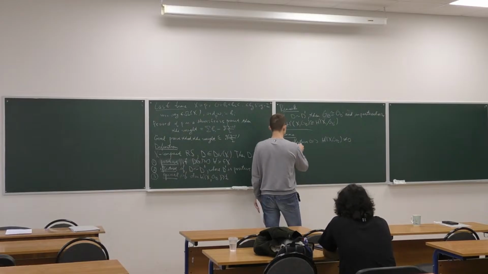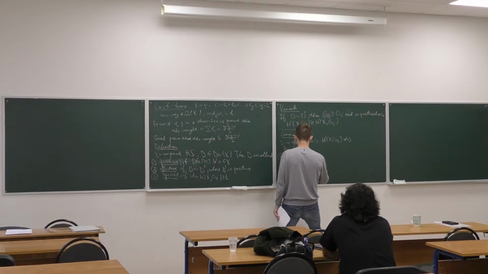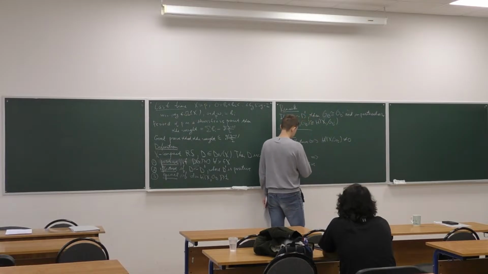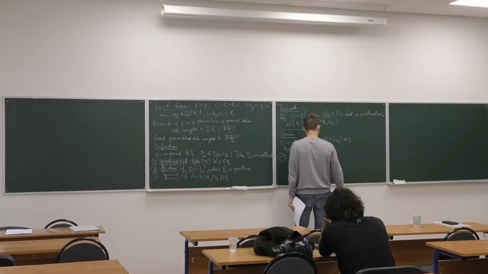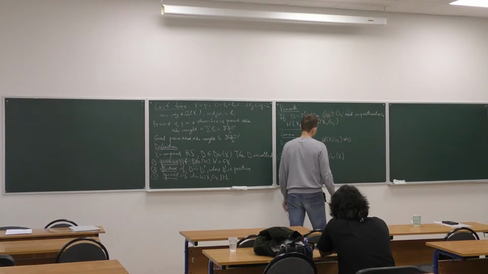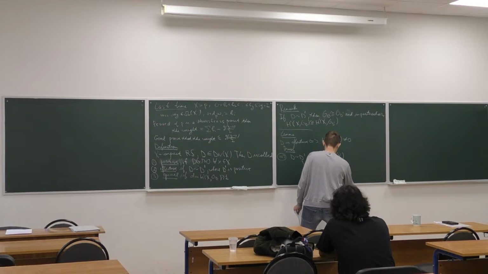D is effective, so D is equivalent to D prime, which is positive. But then if you have a positive divisor, of course the function 1 belongs to O_D prime of X. So the dimension is not 0.